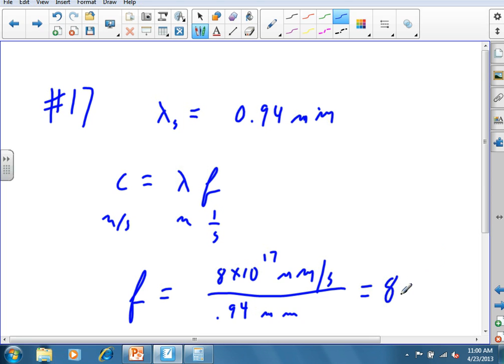I don't believe it. 8.5 times 10 to the 17th hertz. How can that be right? Determine the optimal operating frequency for the device. Well, I guess that's it.